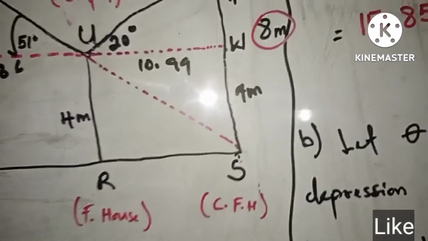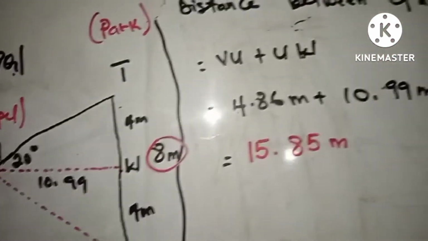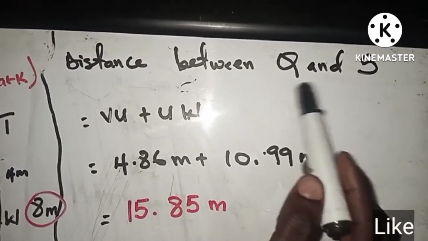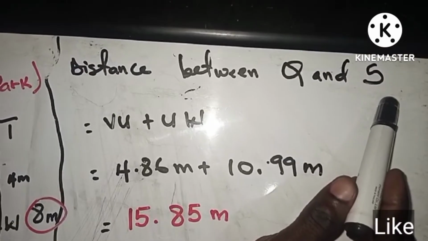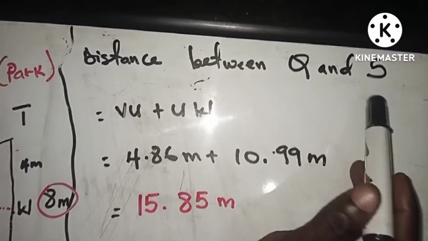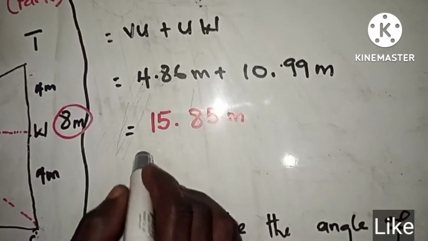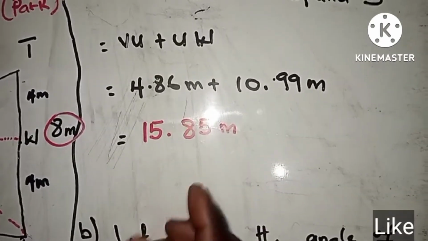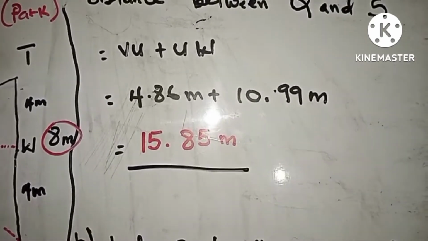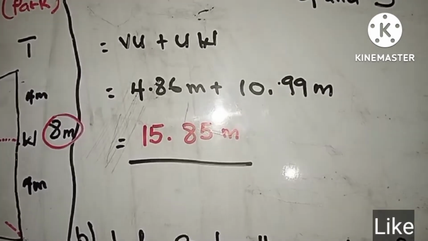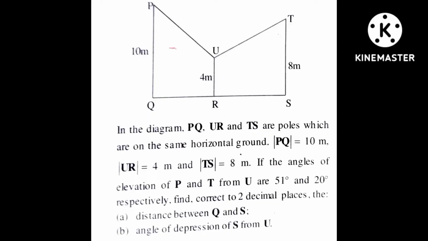That is exactly what the question is asking us to find. So you can see that this is the distance between Q, which is your home, and your childhood friend's, which is X here. If you combine these two, we are going to have 15.85 meters. That is the distance between your home and your childhood friend's house. Now here is the second part of the question.